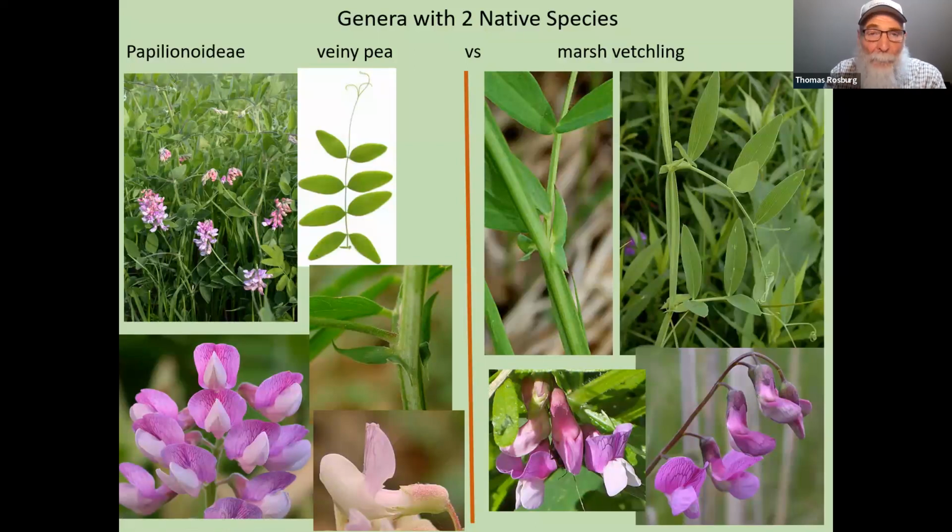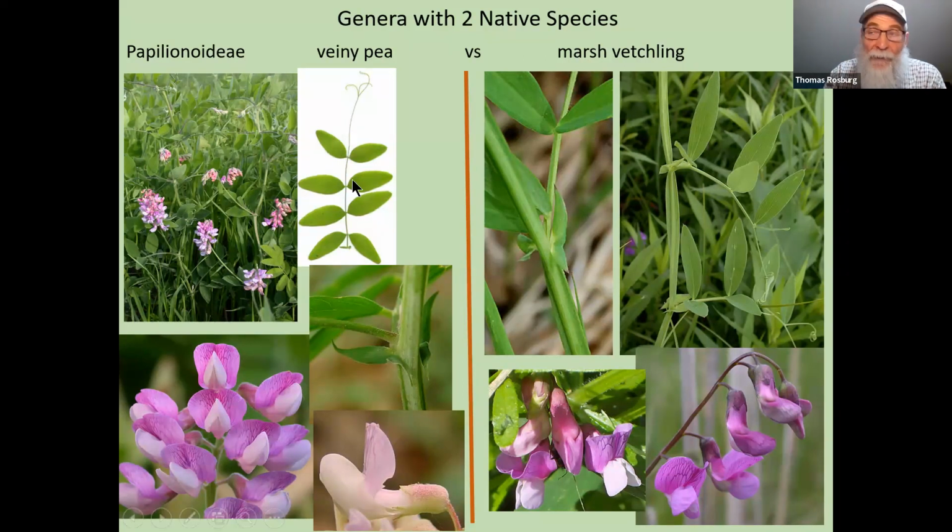So what are some things to separate these? Well, the stipules, for one thing, because of the pictures, you can't always get good scale pictures, but although they look similar size here, the stipules in veiny pea are usually about 1 to 4 millimeters wide, and the stipules in marsh vetchling are larger, 4 to 10 millimeters wide.